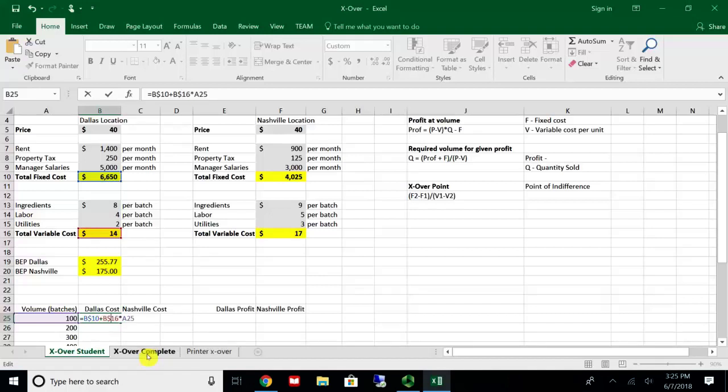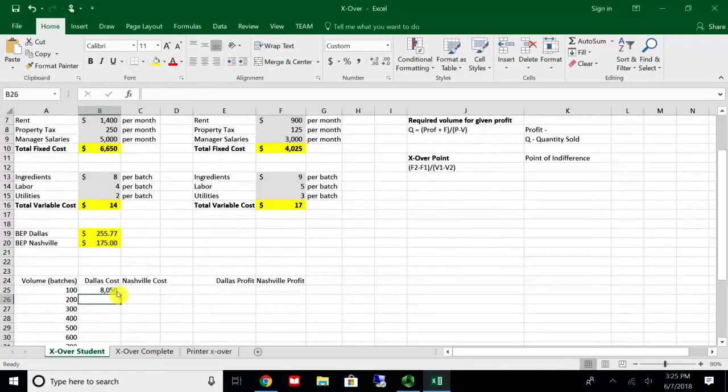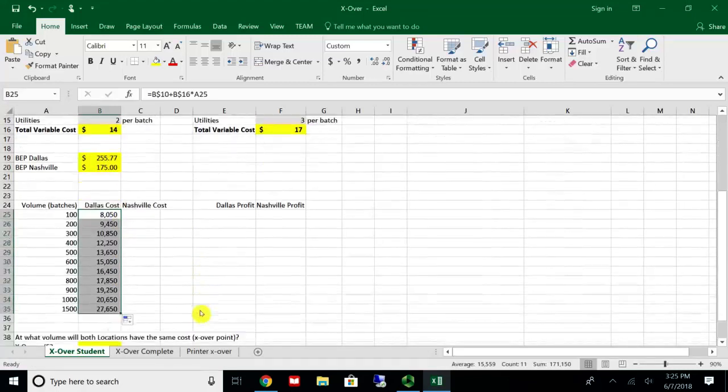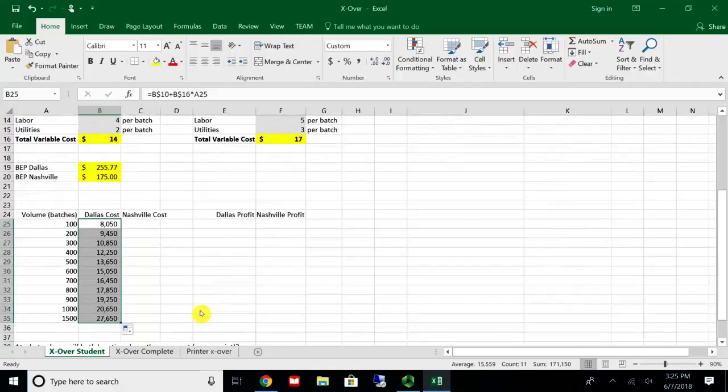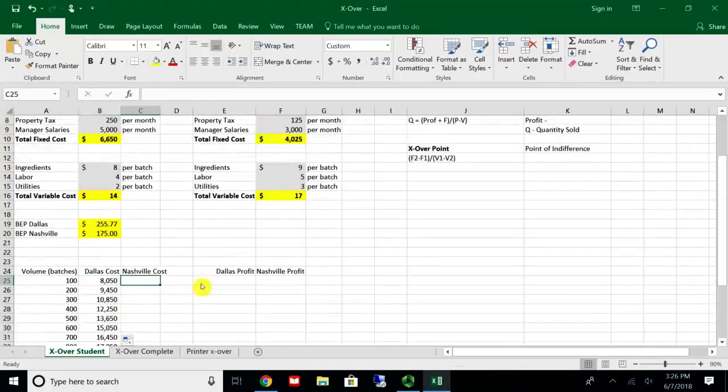I could have used the F4 function. So it's $8,050 for 100 batches. And then I can see my cost for anything from 100 to 1,500 batches. And then my formula, total cost for Nashville.